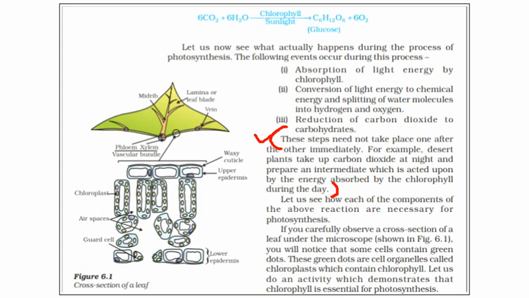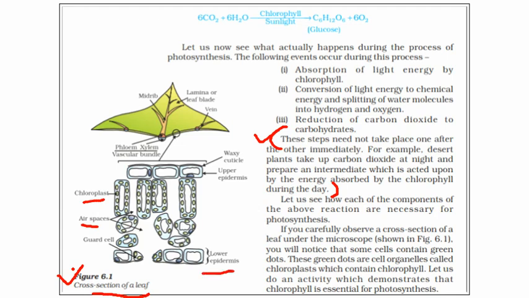Now here figure 6.1 is also given. This is the most important figure for the exam. They can ask you to label this figure, the cross section of a leaf. Here there is a chloroplast, the air space, the two guard cells.